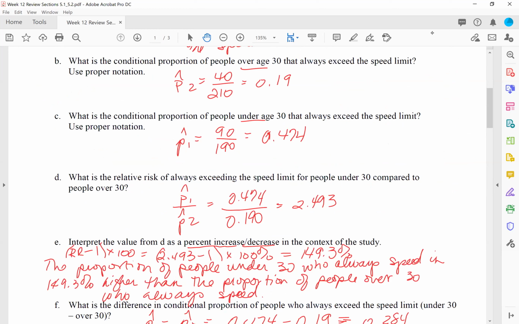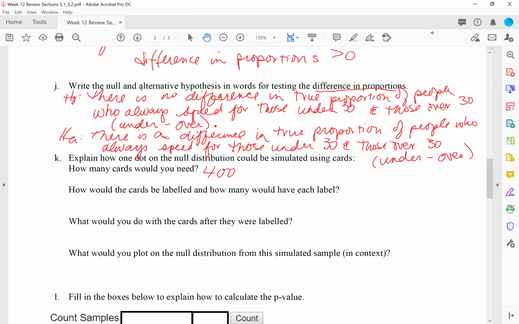So we're going to have 130 labeled with always and 270 with not always.